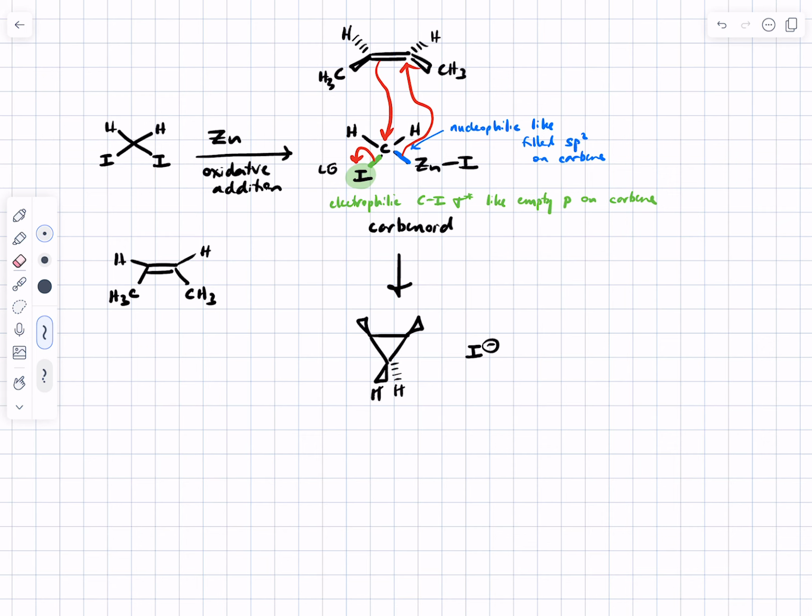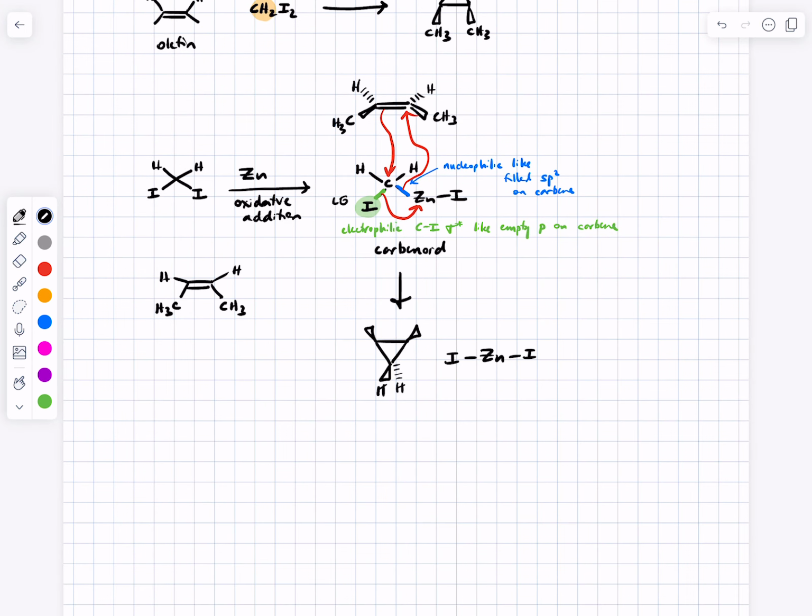In fact, you can even show that process happening as the leaving group leaves. We can take these electrons in the carbon iodide bond and have them go over to the zinc. And so the byproduct of this reaction is diiodo-zinc. And there's our cyclopropane product.